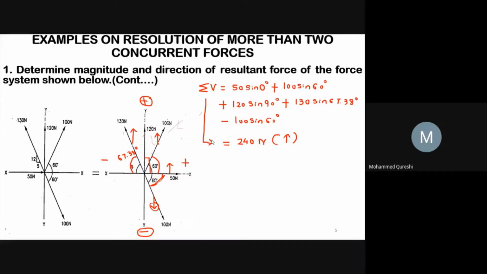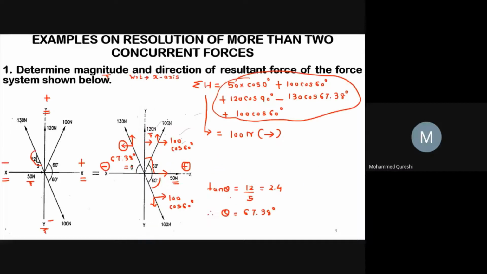Now we have to calculate the value of R, that is resultant. We know the formula. Resultant capital R equals under root of sigma h square plus sigma v square. Now we had already calculated the value of sigma h and sigma v. What is the value of sigma h? Sigma h is 100 Newton.